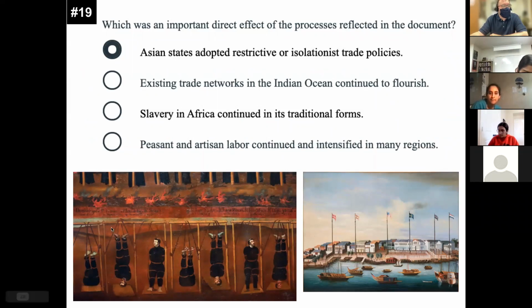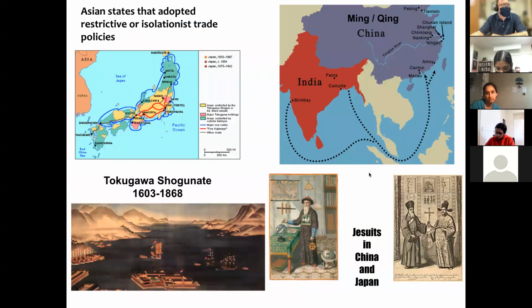This is a picture of the Japanese outlawing Christianity and persecuting Christians in their country under the Tokugawa. The Chinese set up only certain cities where all European nations had a factory, a place that they would gather goods, and it would be regulated by the Chinese.